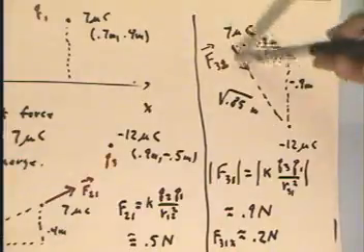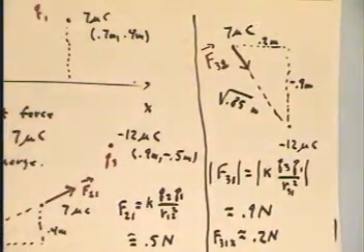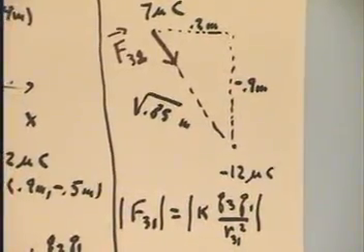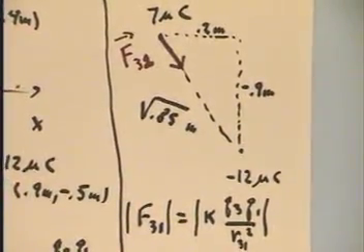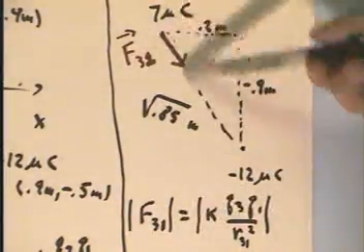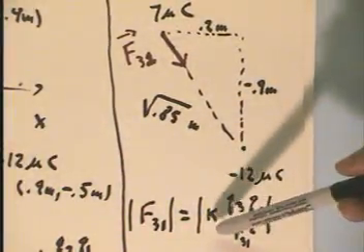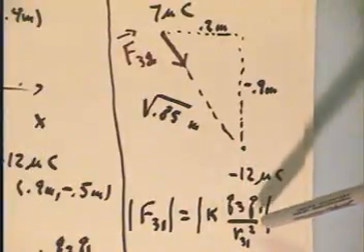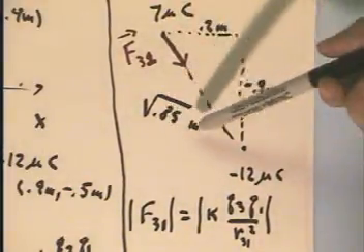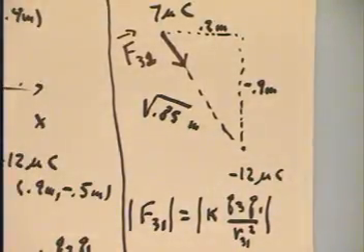And the geometry of the situation is now just given by this triangle. If we zoom in, we can see the quantities just a little bit better. And we calculate the magnitude of F31 just using k Q3 Q1 over R31 squared. R31, remember, is this square root of 0.85 meters.